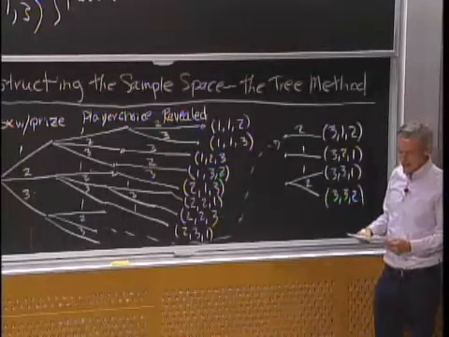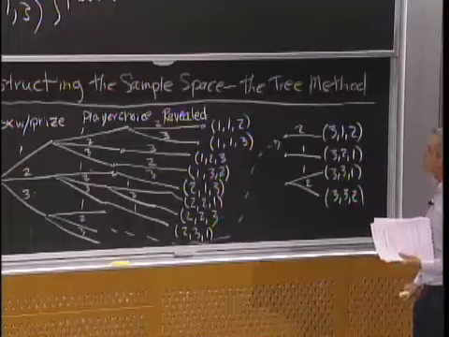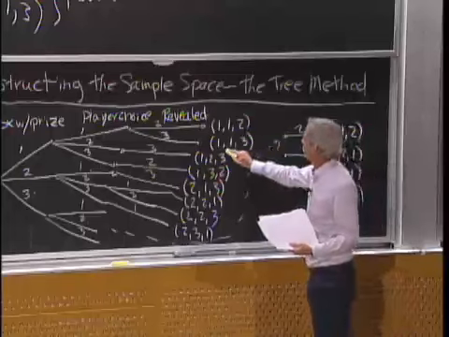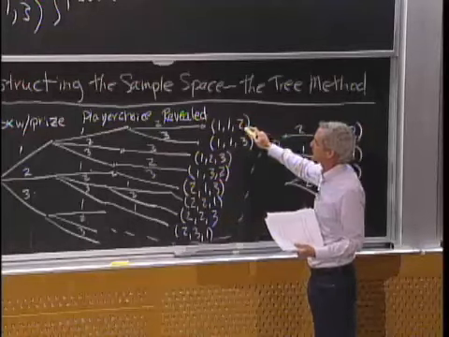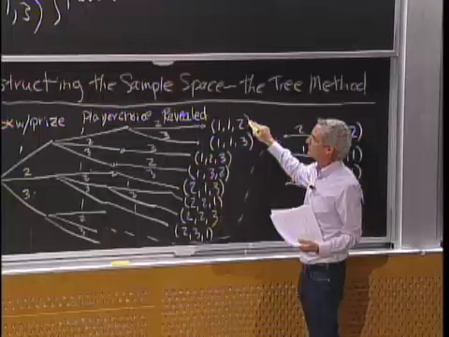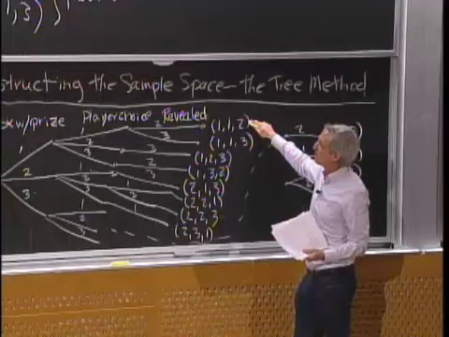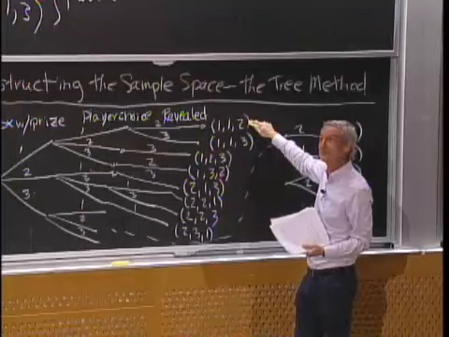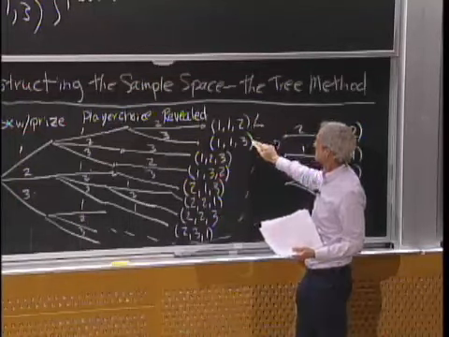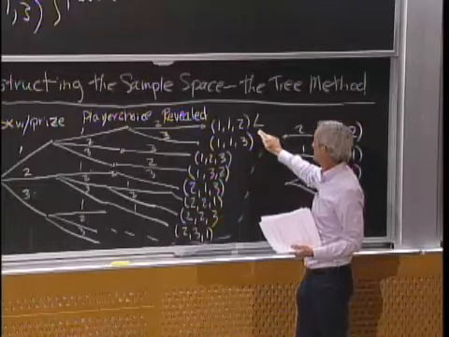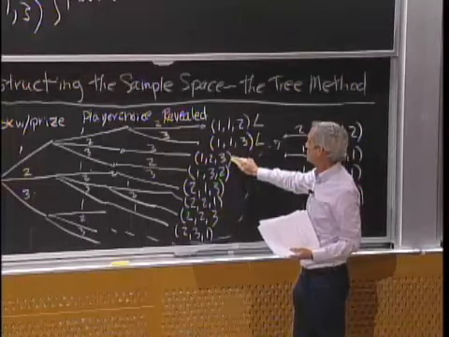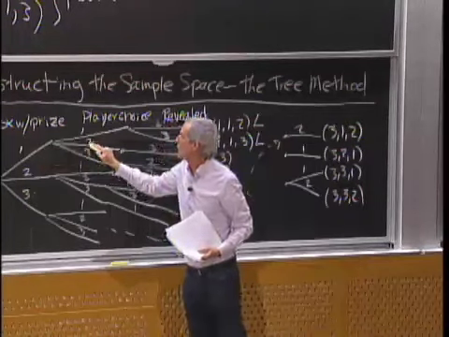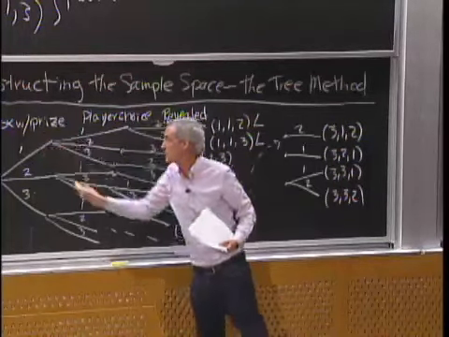Okay. Let's see which ones correspond to victory for the player. Let's label each one as a win for the player or a loss for the player. What's this one? Yeah, prize is in 1. The player chose 1 where the prize was and then switched away from it. Loss. What about this one? Loss, same reason. What about this one? That's a win. The prize is here. The player went there and switched, so they wound up there.